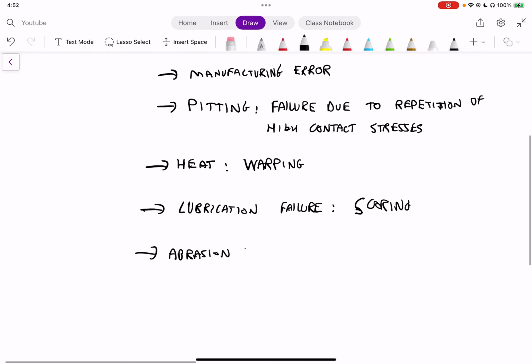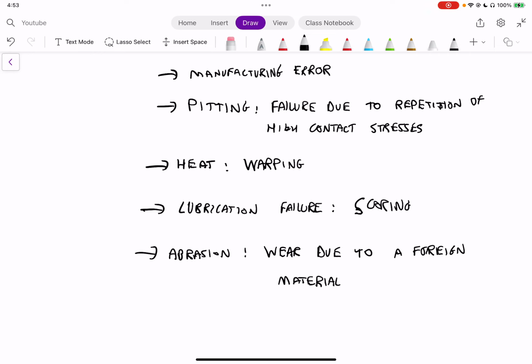And the final one is abrasion, which is wear due to a foreign object or a foreign material. This usually happens when you have a cooling system for your gearbox, or a place where you have your gears.